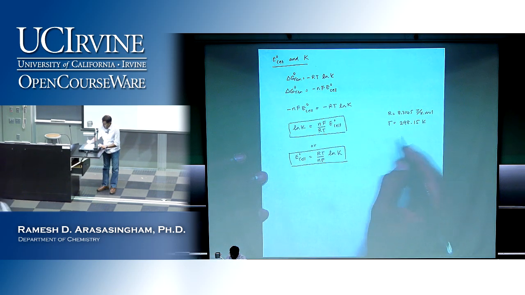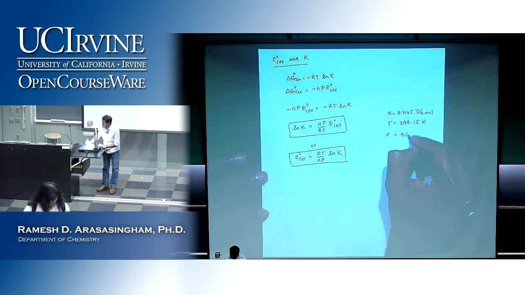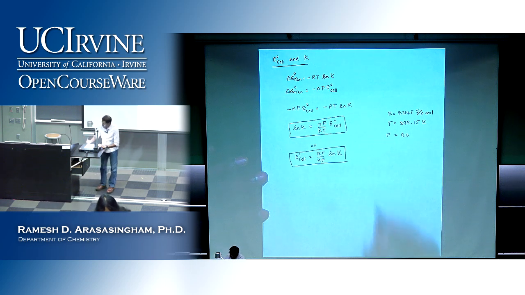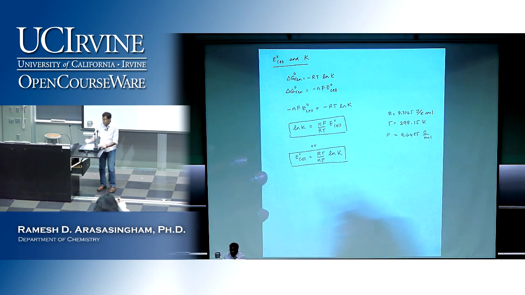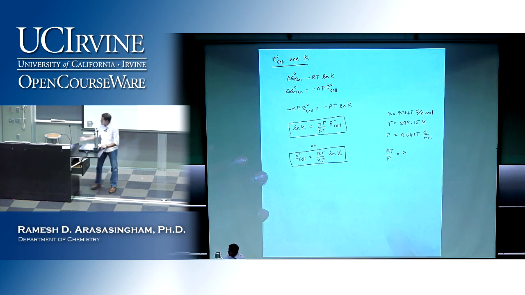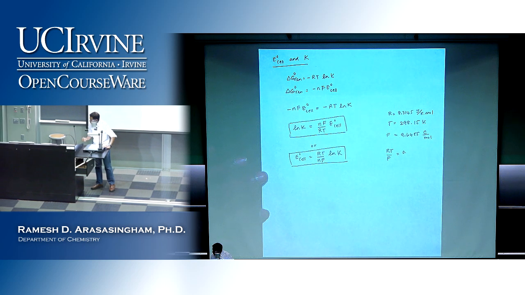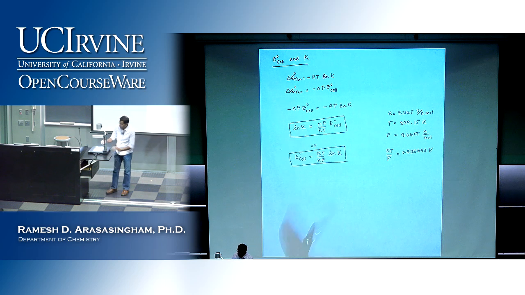And then lastly, F is Faraday's constant, which is 96485 coulombs per mole. So if we put this in, we end up with RT over F equals 0.025693 volts.